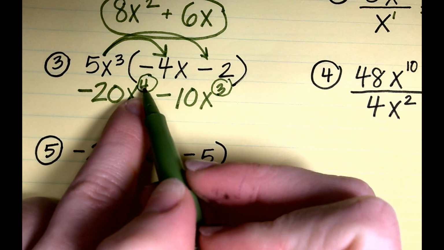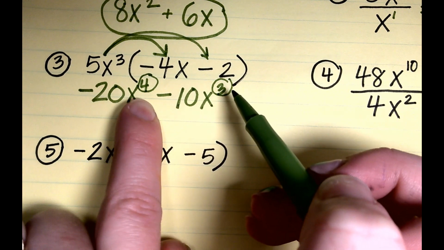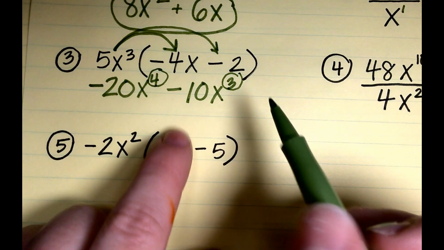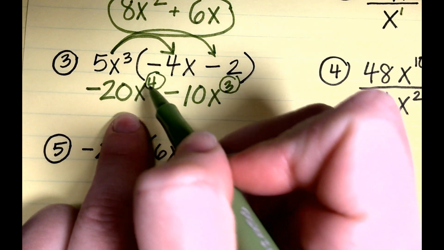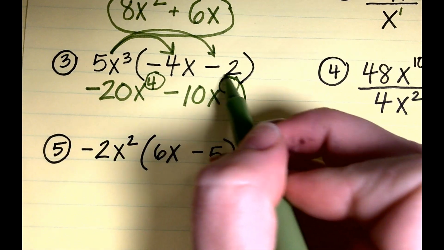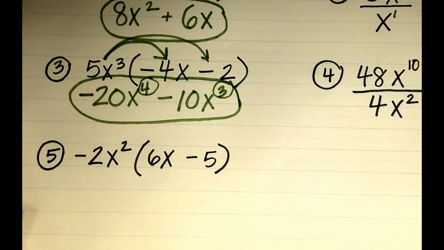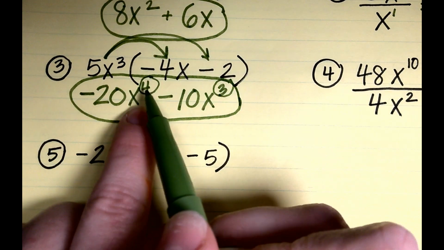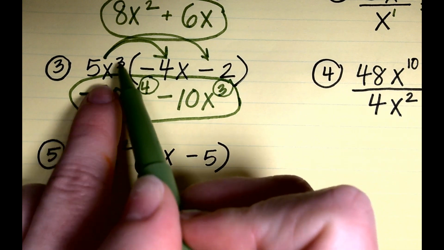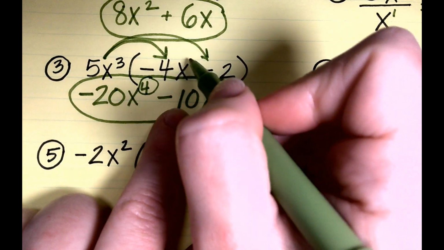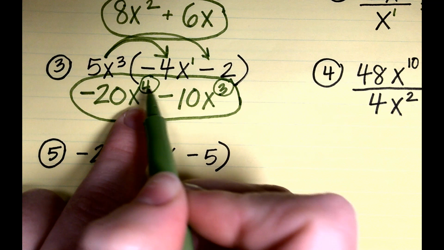But because 4 is not the same as 3, we cannot put them together. They're not like terms, right? So this will actually be our answer. We can't go any further with it. We can do nothing. No, because we started with x to the third power times x to the first to give us a 4 here.